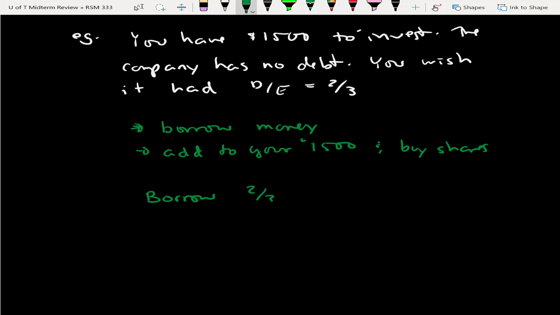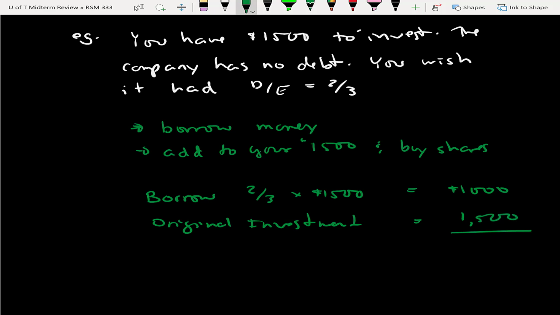So you borrow 2/3 of $1,500, which was your investment. So you borrow $1,000, and your original investment was $1,500. So instead of investing $1,500, you are now investing $2,500.